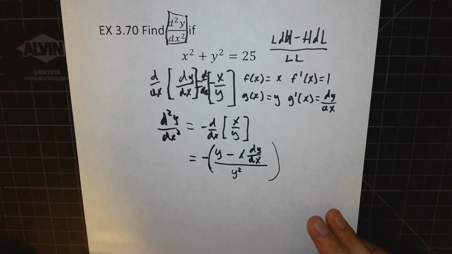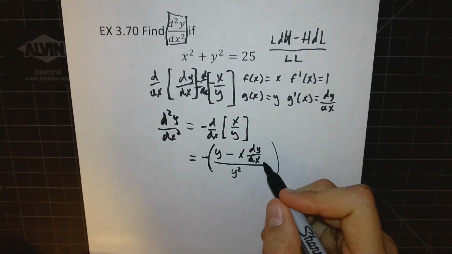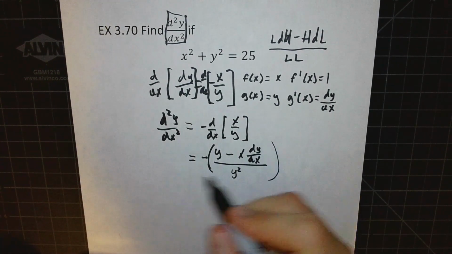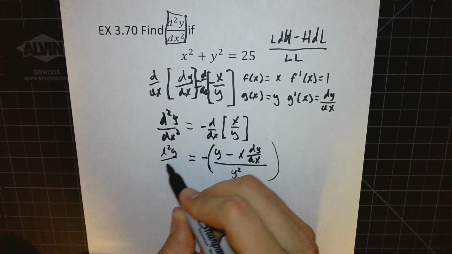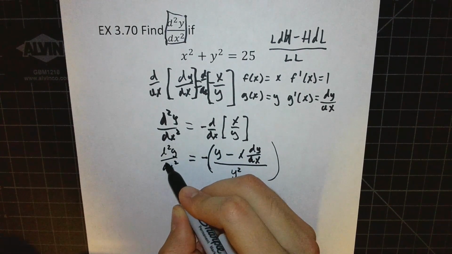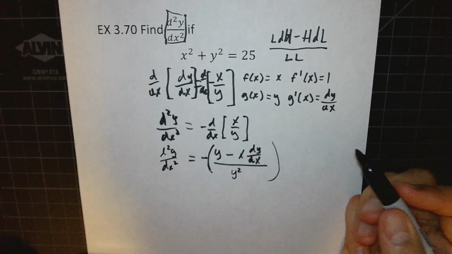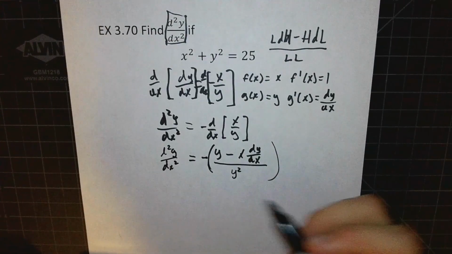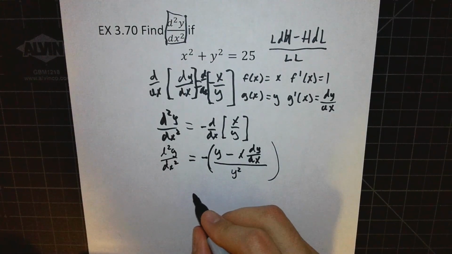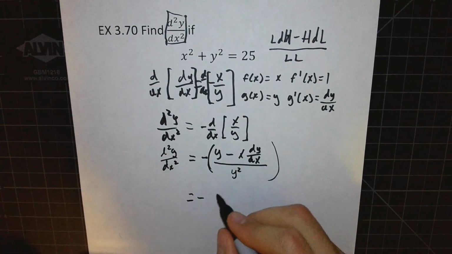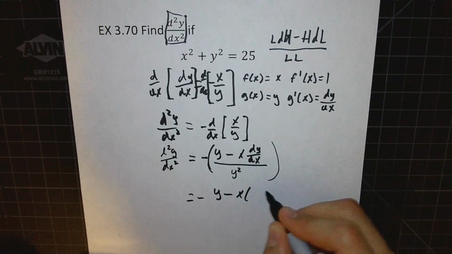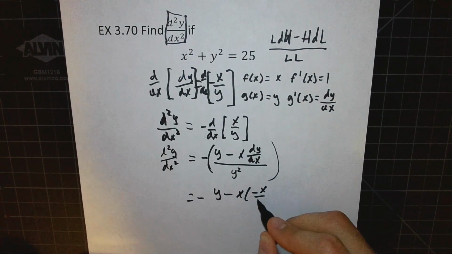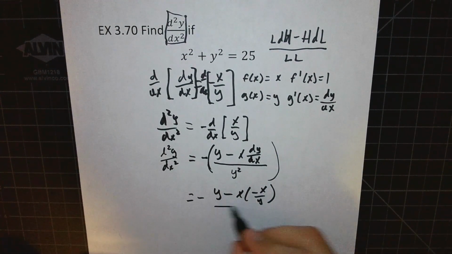But we're not done yet, so we already know we can solve for this, right? But that's not really what we want to know. We want to know the second derivative, right? We already know this. We've already discovered it, so we can just plug and chug. So we can have this equal to the negative of y minus x times negative x over y, all over y squared.